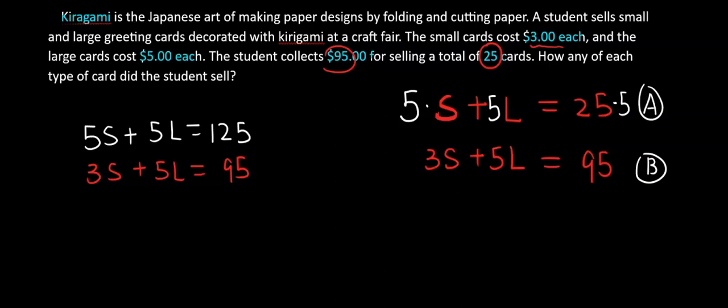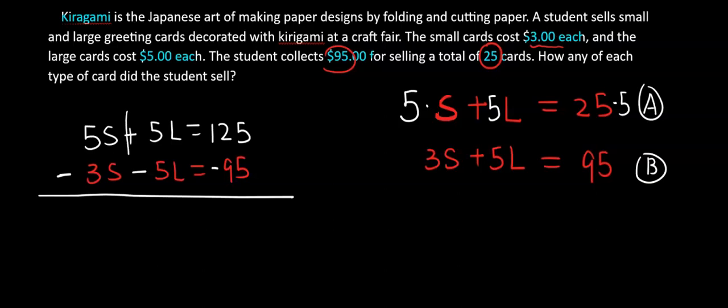Remember, we want to eliminate the variable L. Okay? Therefore, I'm going to subtract it. I'm going to subtract this second equation. Alright, I'm going to do some sign change. Subtract minus 3S minus 5L and put a long bar here.